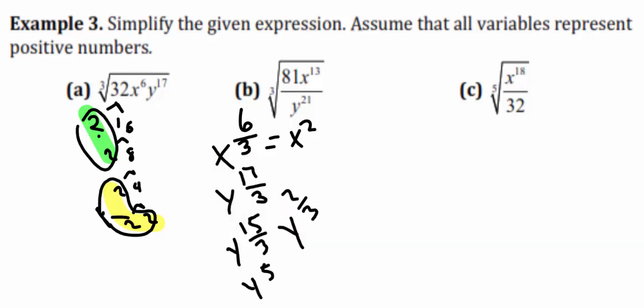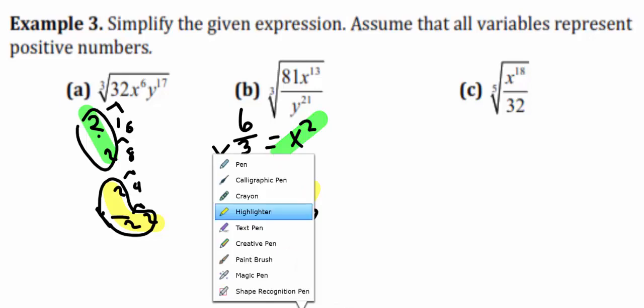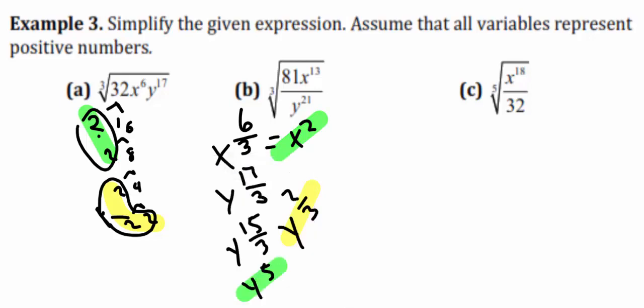So let me get everything color coded. So this will be on the outside. This has to stay on the inside, the y squared, because we don't have three of them. And then the x squared can come out. So let's write our answer out. So we've got a 2 on the outside, let's do our x first, x squared, y to the 5th, and then inside of our cube root, we still have 2 times 2, which is 4.